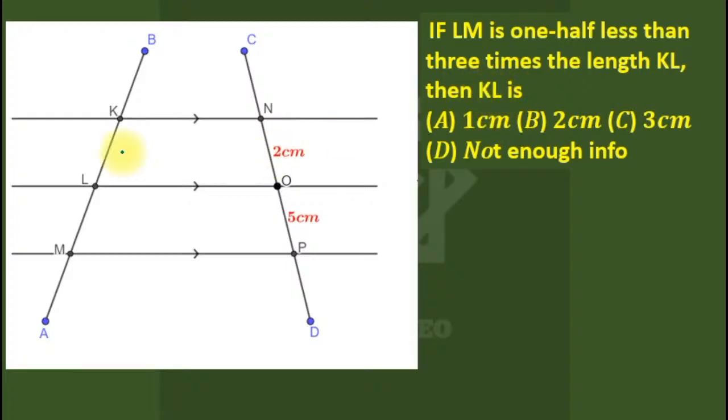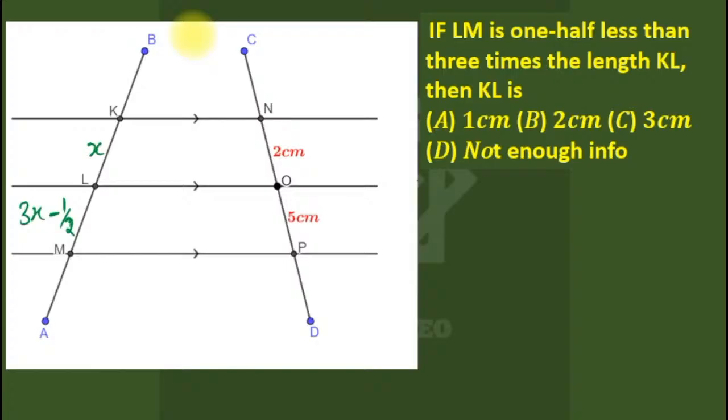So let's call KL X. They told us that LM is 1/2 less than 3 times KL, so LM is 3 times KL minus 1/2. That's from the question.